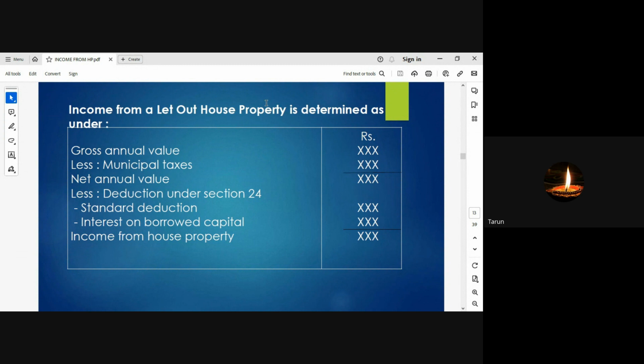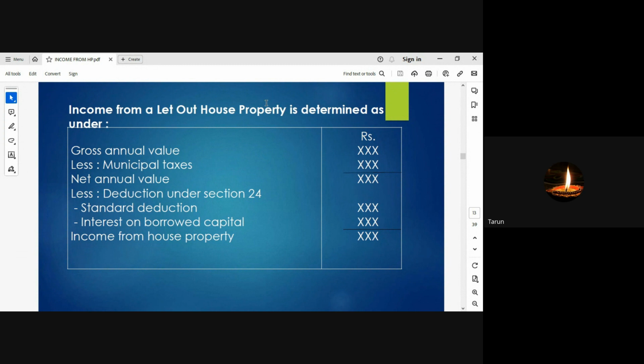Here it would be 30,000, or 30% of net annual value, depending upon the case. The next is interest on borrowed capital: if the owner has borrowed a loan, the interest paid on the house property comes under this heading.